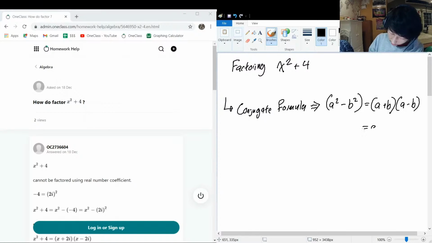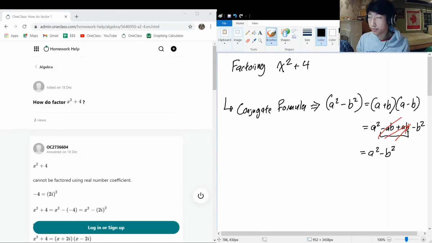Because, well, if we cross multiply, we'll have a squared plus ab minus ab minus b squared. And you can see that these middle terms neutralize each other, and we just get a squared minus b squared. And you can see how that all works out, right?